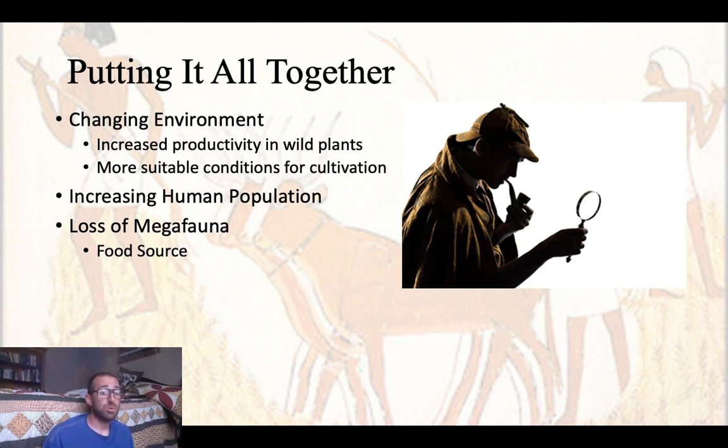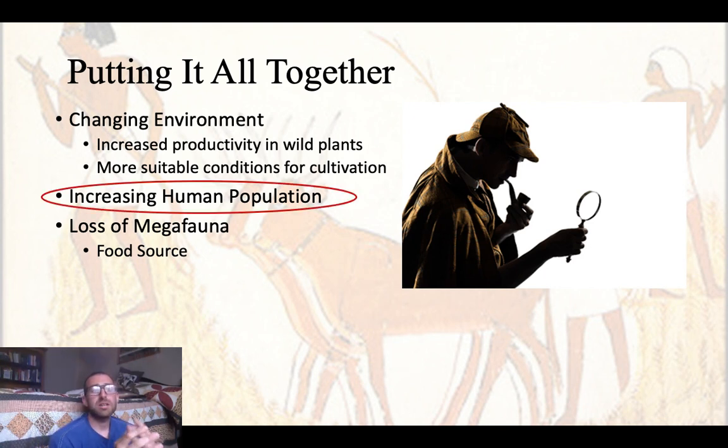Because of this increased productivity, we are seeing an increase in human population size at the time. Right? So our human population size is getting larger. And at the same time, we have a loss of megafauna, which was another food source that could have fed the human population. So if we put all these together, we start to see that these are the conditions that are now going to lead to the development of agriculture.